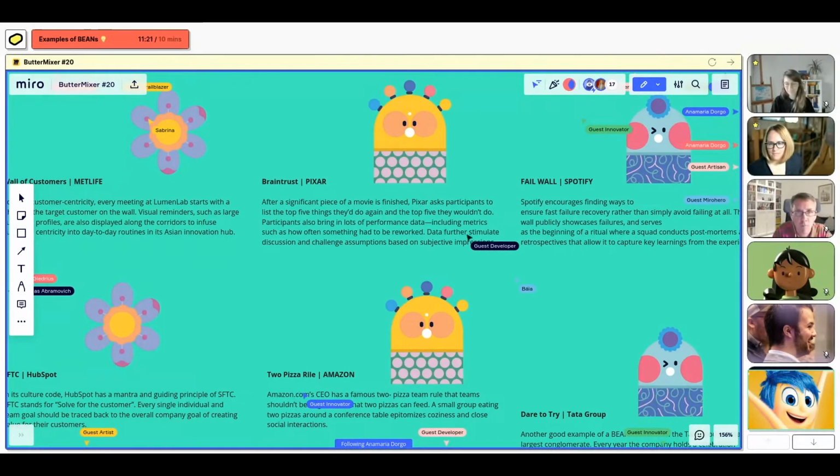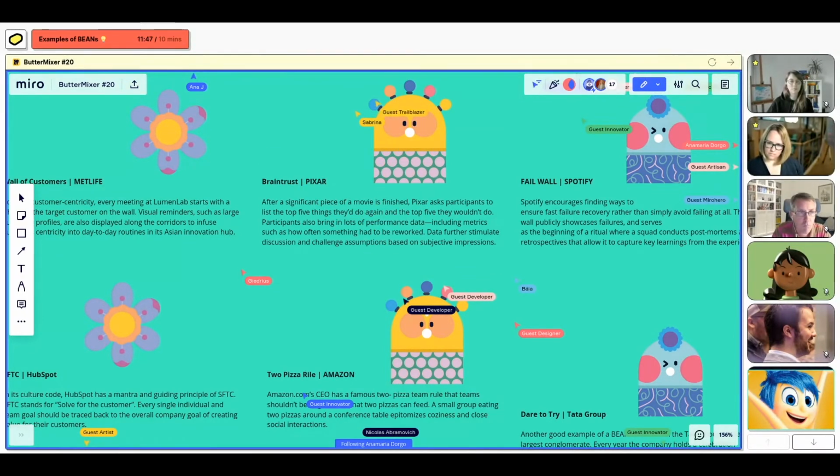And for the brain trust picture, we didn't discuss it, but when I was reading this, I was going to the retrospective, and I appreciated what they have here regarding looking into the performance data as well, not only discussing the things that they want to do again, or the 5 things that they don't want to do anymore, but also looking at the performance data, which will actually boost discussions.